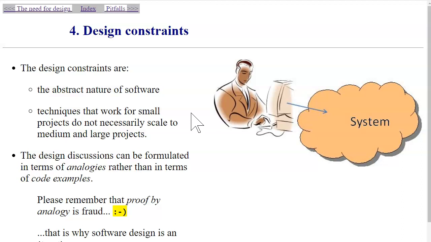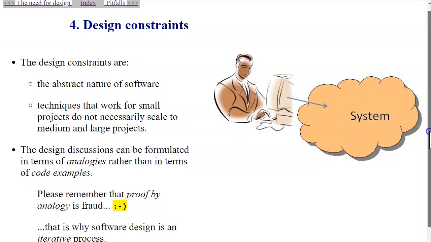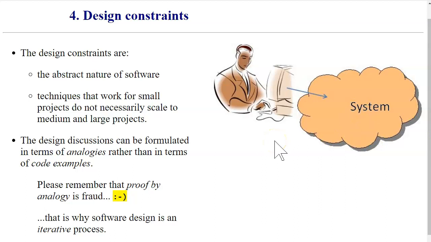Essentially, they simplify the real world down to the level at which a specific task can be solved. So here, when we talk about design constraints, basically, generalizations such as techniques that work for small projects may not necessarily apply to larger projects. And design discussions can be formulated in terms of analogies. However, proof by analogy is fraud. It's not good proof.